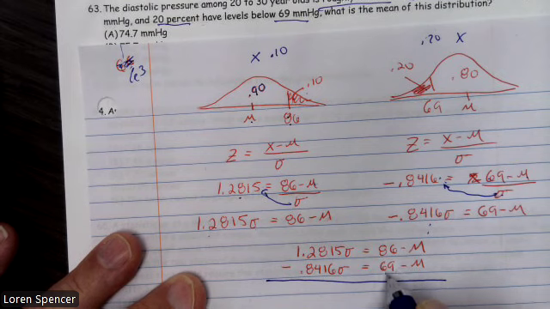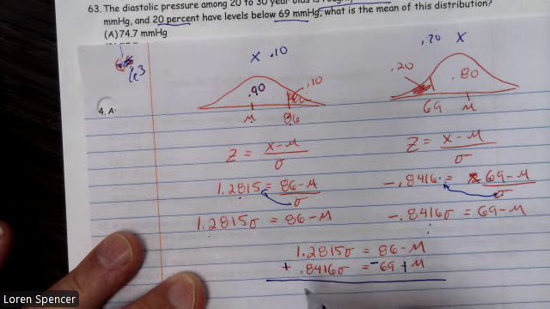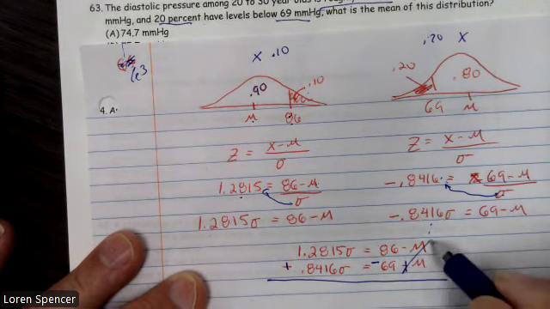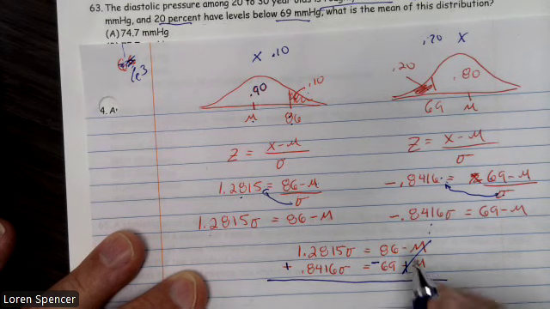And so now from that point on, I'm going to go, well, I need this mean to go away. If I make this a plus, which means that becomes a negative and this becomes a plus, they'll go away. So the means went away. 86 minus 69 is 17.